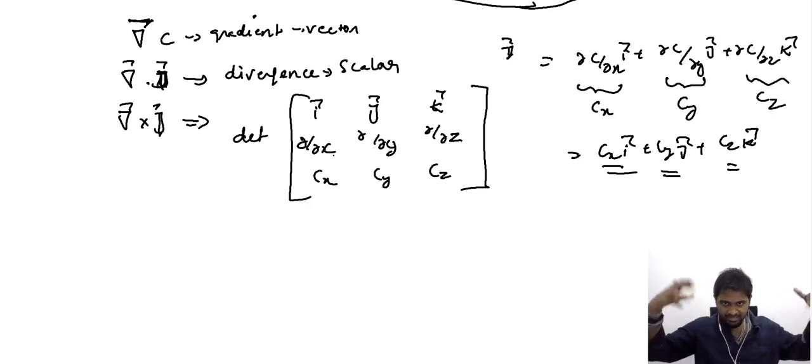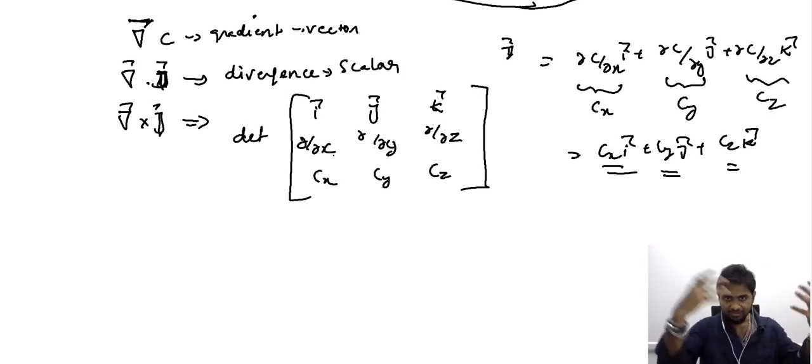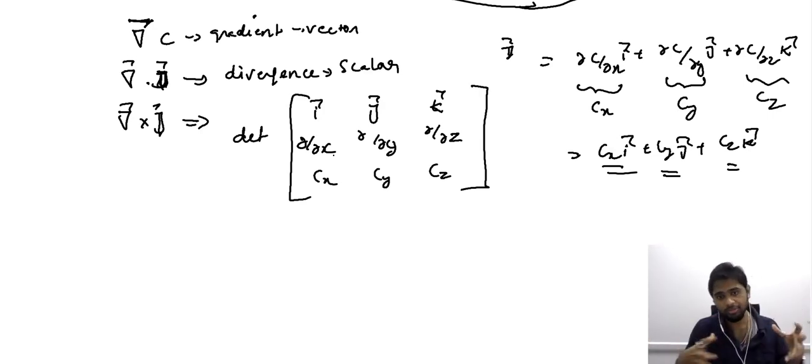So it is similar to how you would take the cross product between two vectors. In the first row you have your basis, in the second row the components of the first vector, in the third row the components of the second vector.